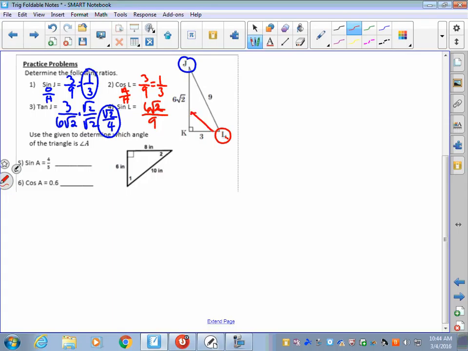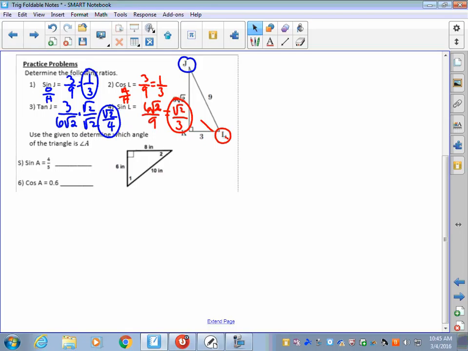Opposite would be there. Which would be, yeah, root 2 over 3. This gets simplified to root 2 over 3. Yep. Because 6 can be divided. You can reduce 6 to 9.